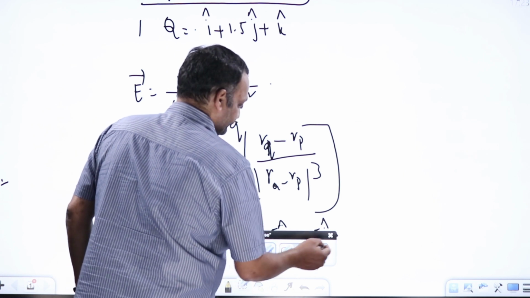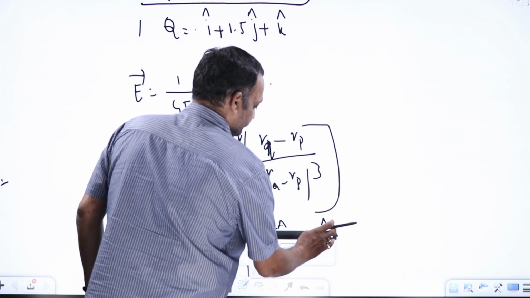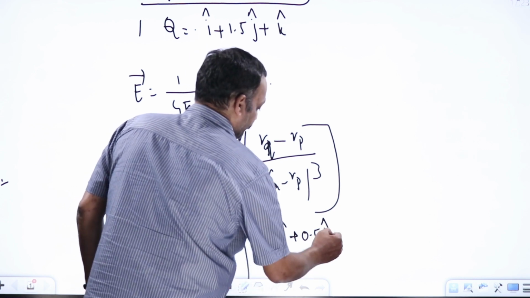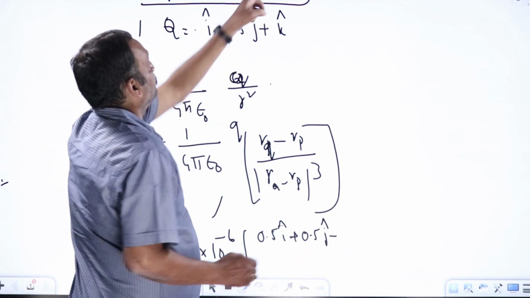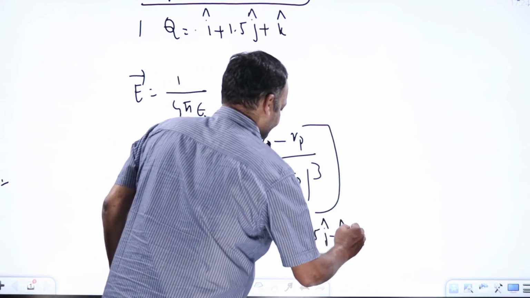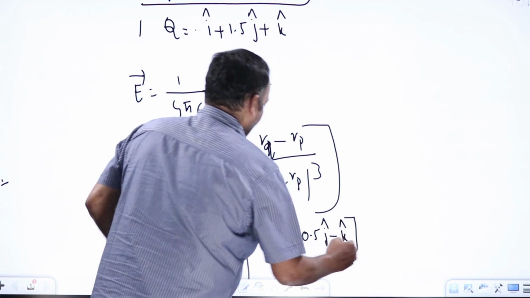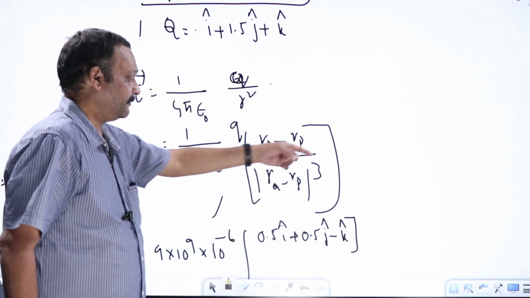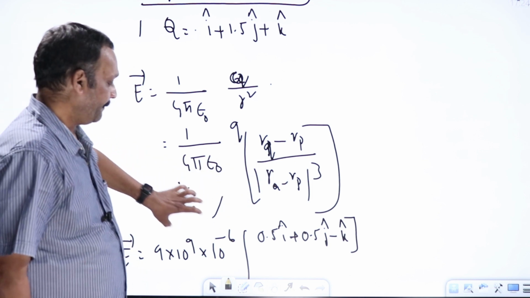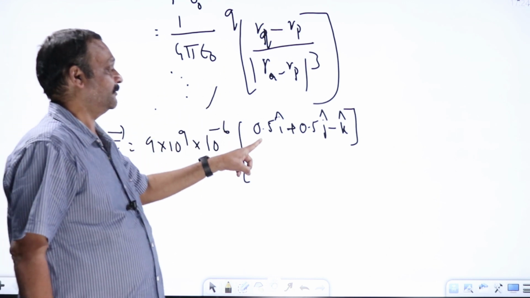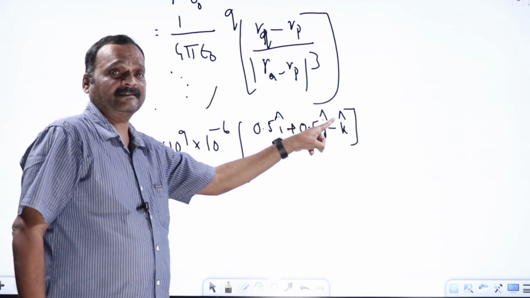This is RQ minus RP by RQ minus RP magnitude whole cube. What is the magnitude? 0.5 whole square plus 0.5 whole square plus 1 square.